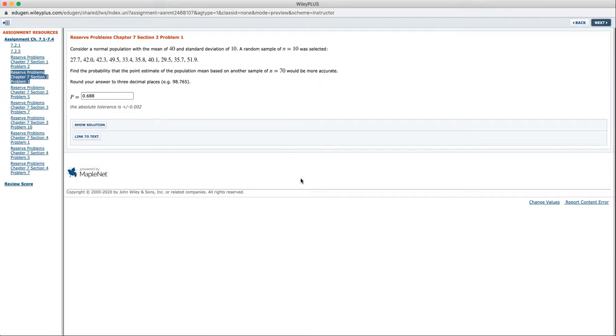So the problem says the population is normally distributed with a mean of 40 and a standard deviation of 10, the sample size is 10, and the sample data is given. Find the probability that the point estimate of the population mean, which is an approximation of the population mean, based on another sample of n is 70 would be more accurate.